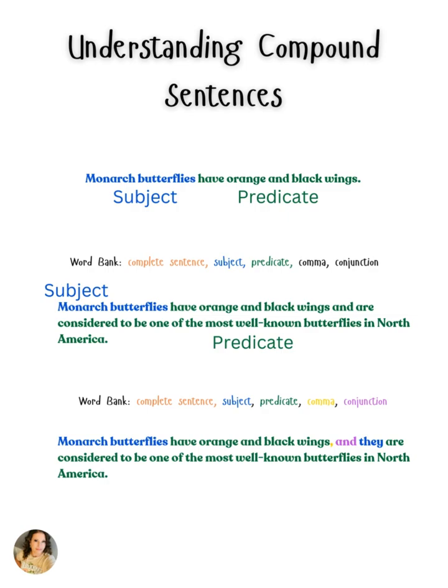They are considered to be one of the most well-known butterflies in North America. So they is the subject again. Are considered is the predicate. So we have two complete thoughts separated by the comma and the conjunction. We see our two subjects and our two predicates.